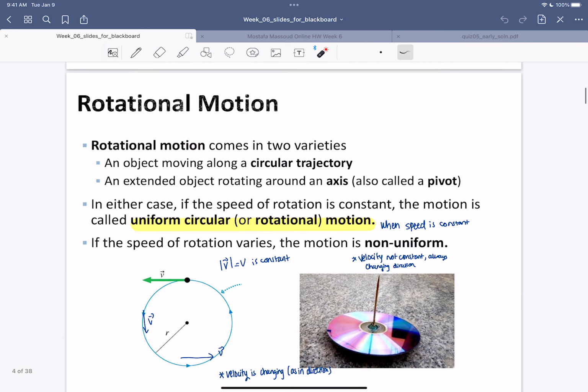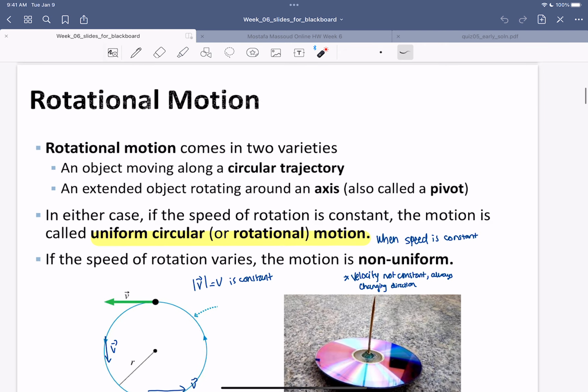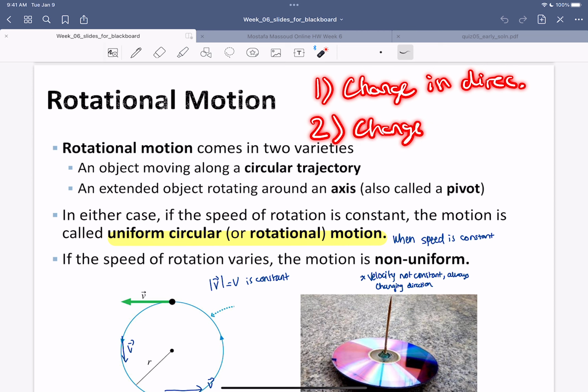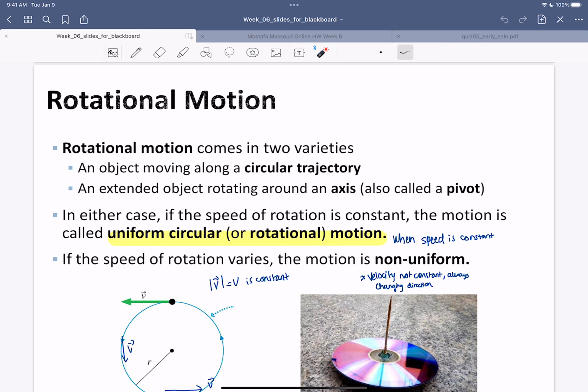Remember for acceleration, as I stated in the previous session and in the first couple of weeks, acceleration comes in two flavors. You either have a change in direction of your motion, or a change in the magnitude of velocity.